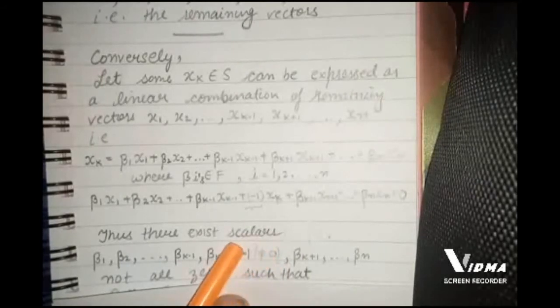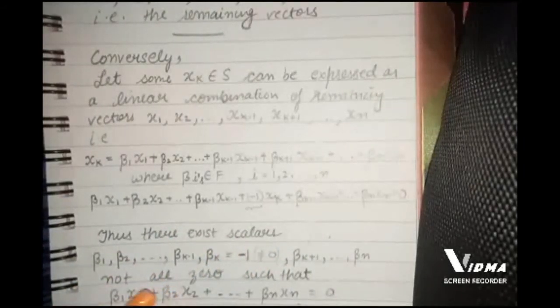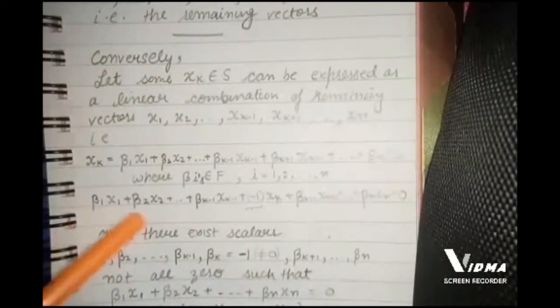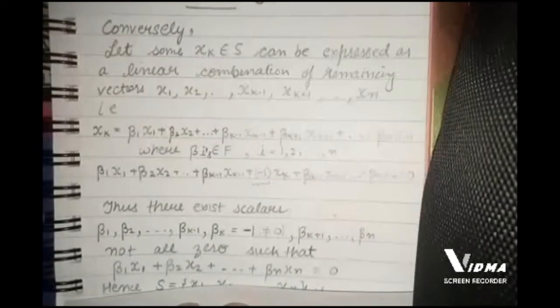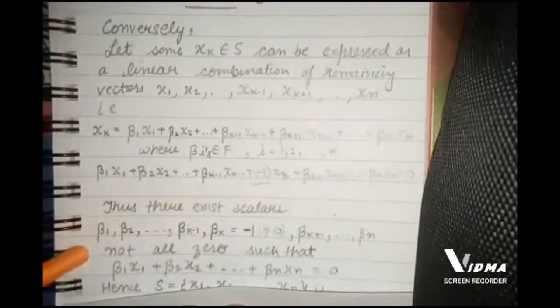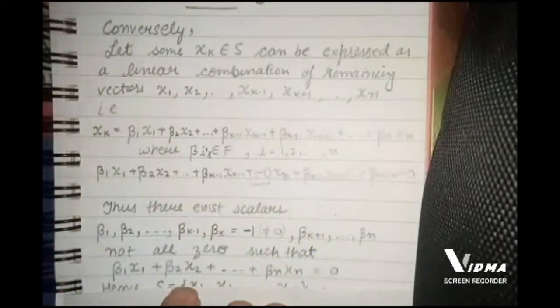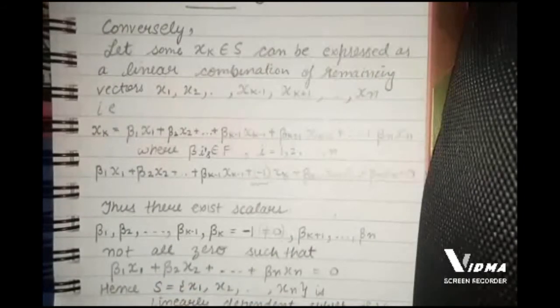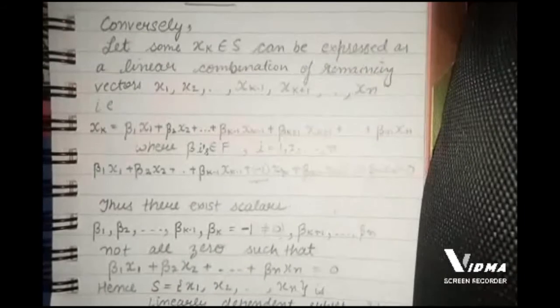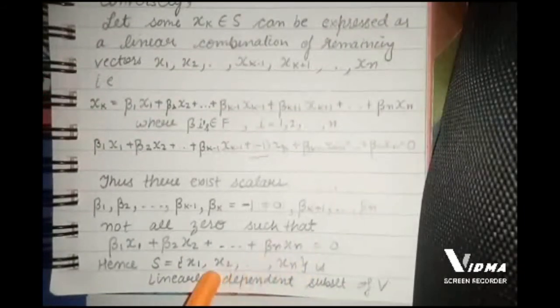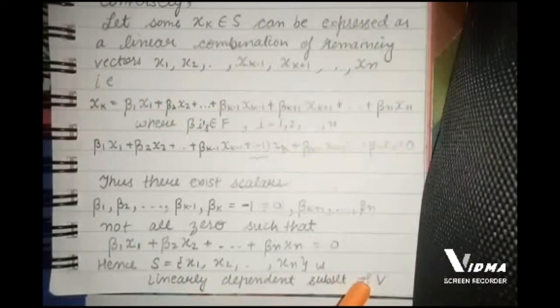So there exists a non-zero scalar, at least one we need, such that this equation is 0. This is nothing but the definition of linear dependence. So it means the set that we considered earlier is a linearly dependent subset of V.